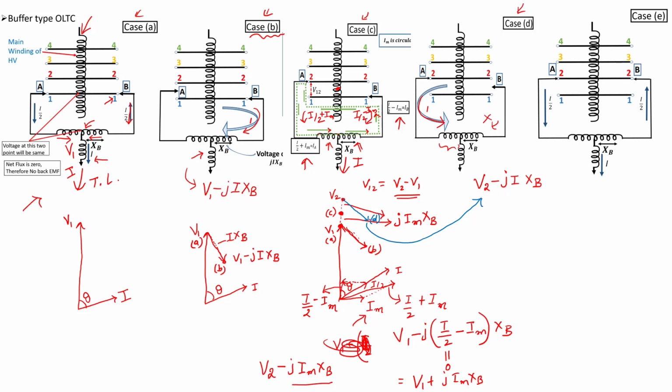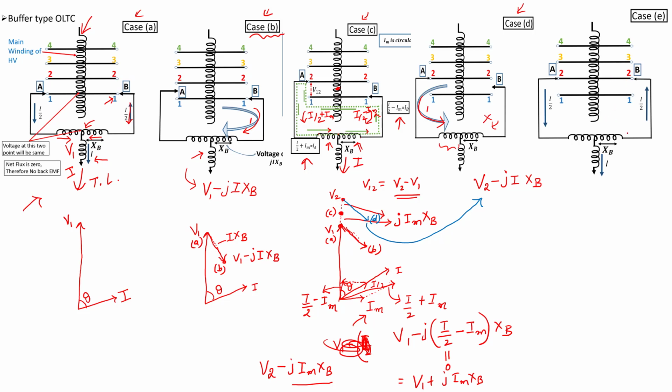Now after that, in case E, what you are doing is that B, which was lifted, will be touching tap 2.